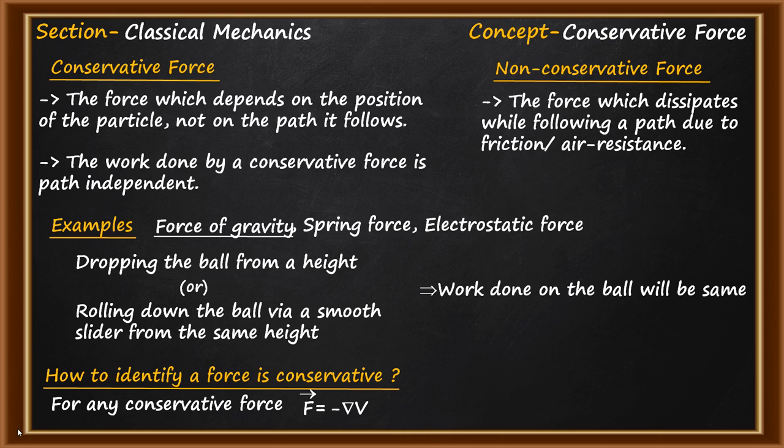It is very simple, just take the curl of the force, because you know that the curl of the gradient of a function will always be 0. So in order to identify whether a force is conservative or not, the simplest process is to take the curl of the force, which is equal to 0. And this is the formula we need in this question.